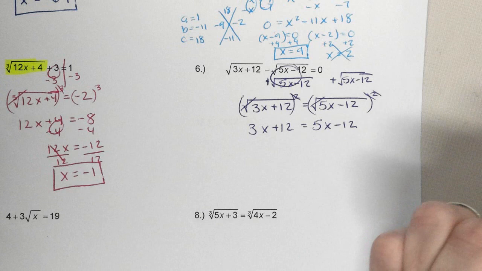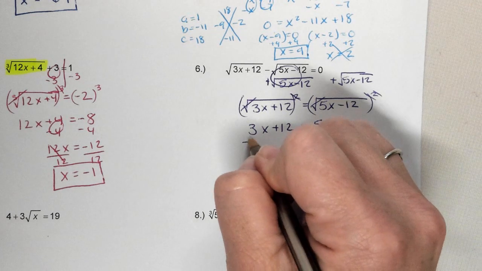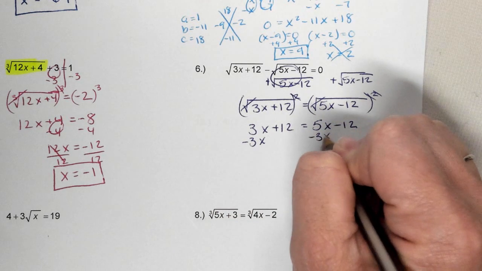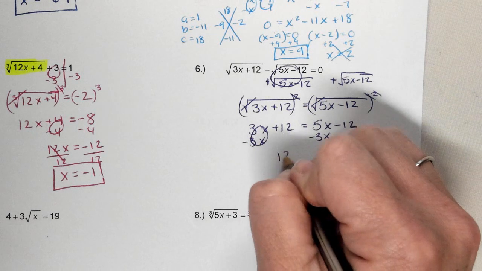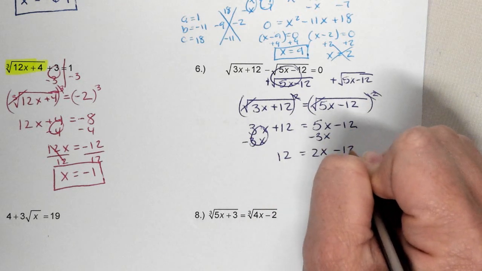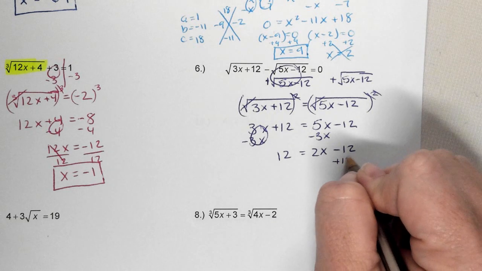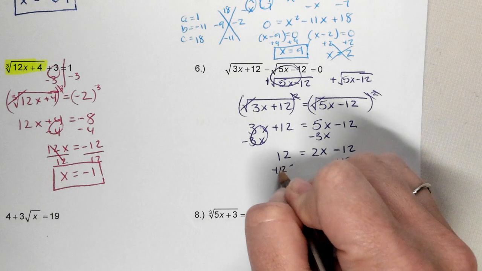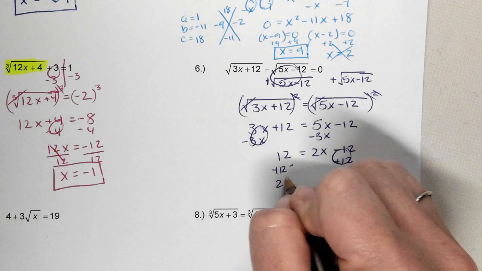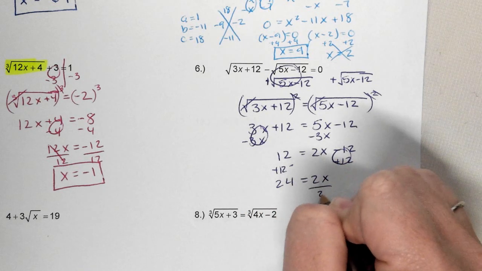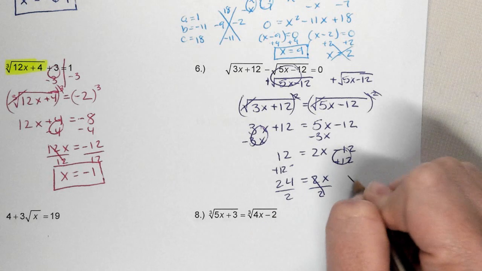So I always like to move my smallest x when I have x on both sides. So minus 3x minus 3x. That gives me 12 equals 2x minus 12. So now I need to get everything away from my x, so plus 12 plus 12. That gives me 24 equals 2x, divide by 2, and I get x equals 12.